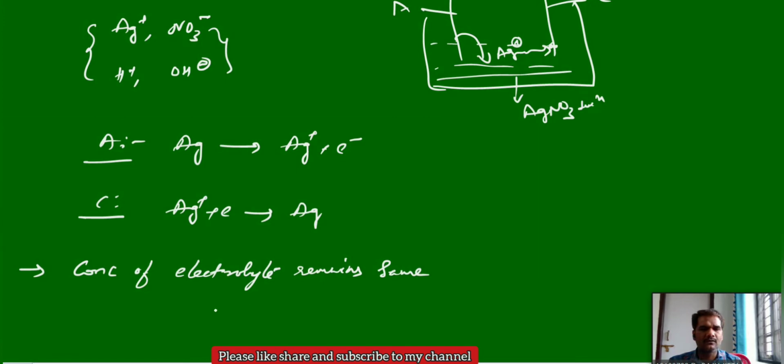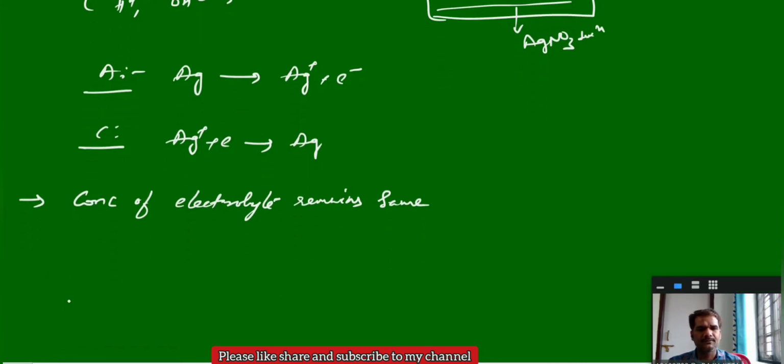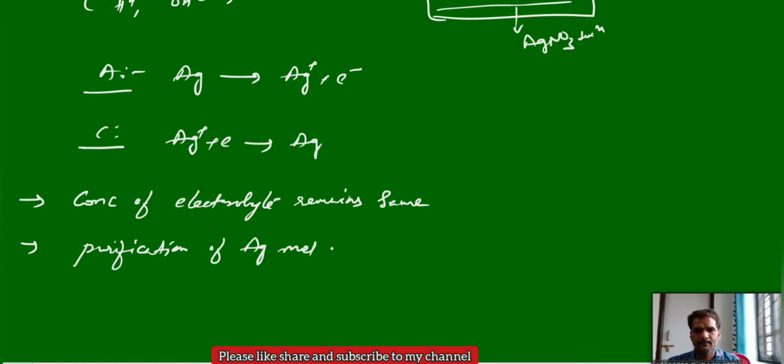Only the amount of anode will decrease and the cathode amount will increase. Again, we can use this for the purification of silver. This technique is used for purification of silver metal.